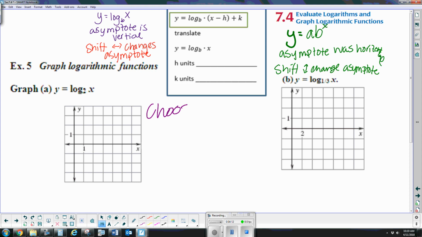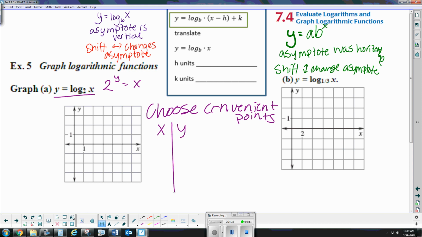So choose convenient points. If you rewrite this as an exponential function, you would say 2 to the y power equals x.